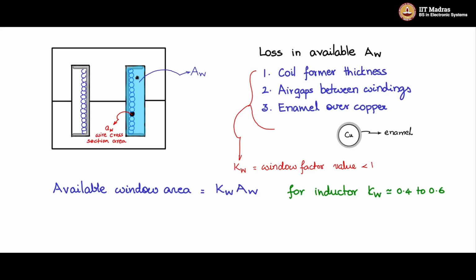So if there are N such turns, N such cross sections will be there. So Kw Aw should be equal to N into the area of cross section of the wire.